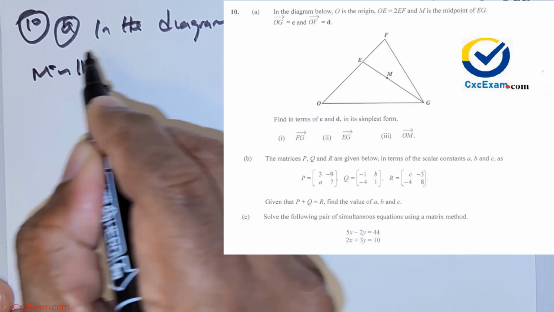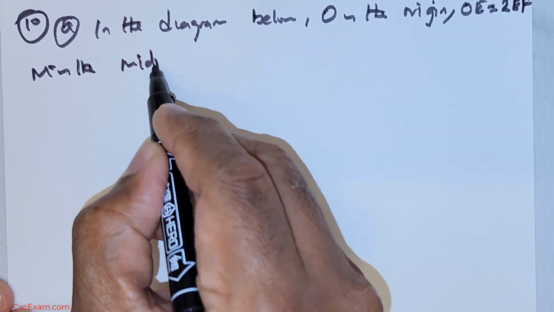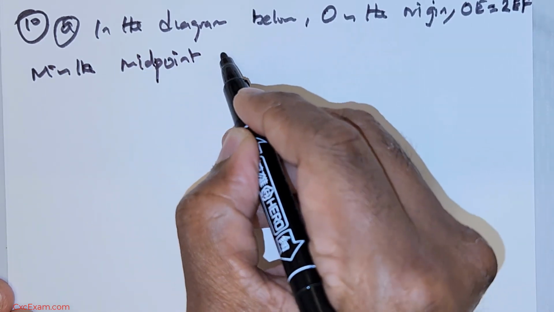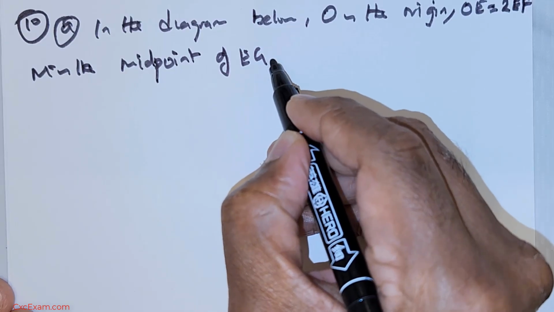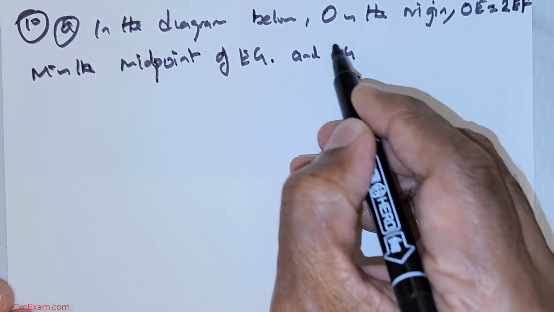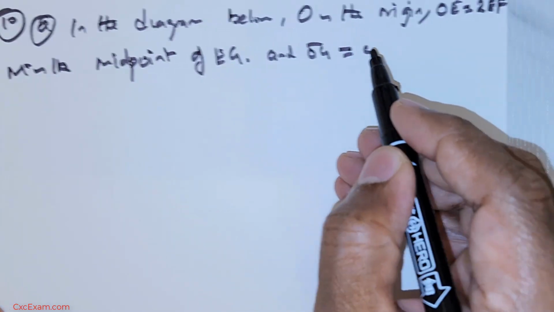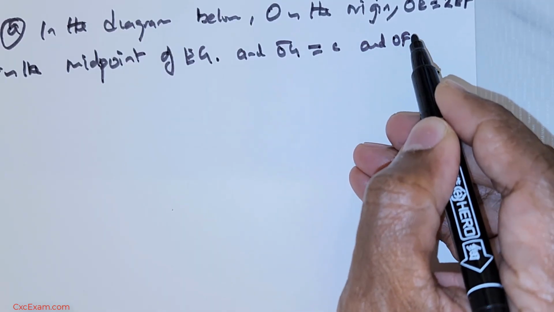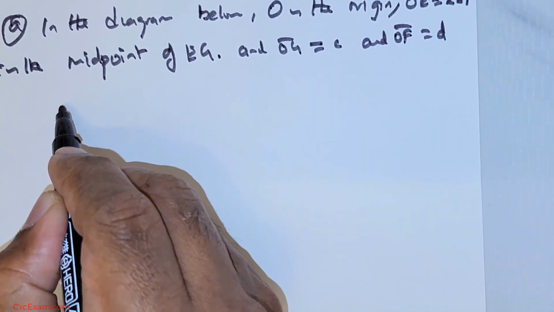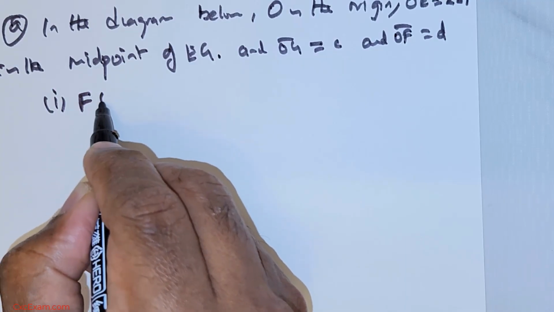M is the midpoint of EG, and OG is equal to C and OF is equal to D. We are asked to find FG.